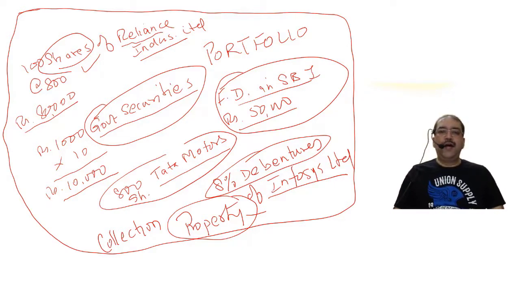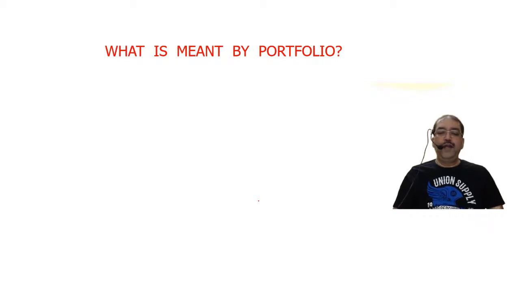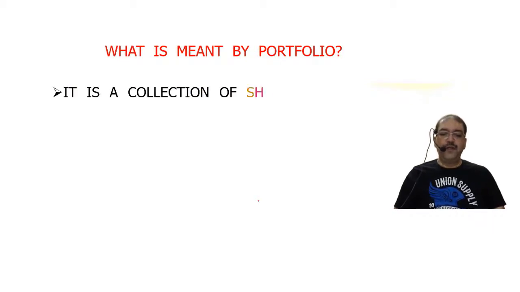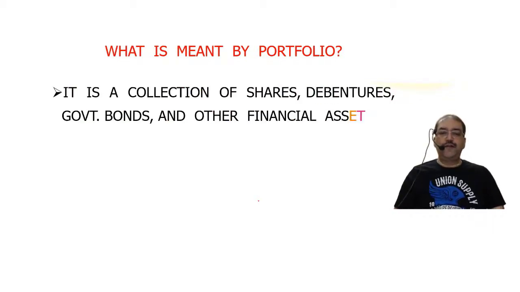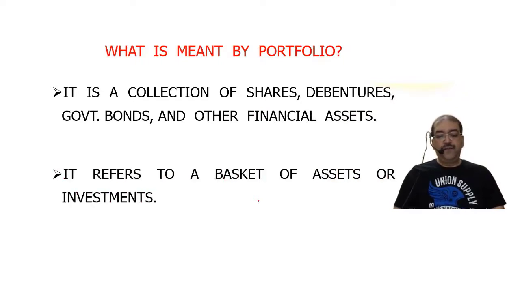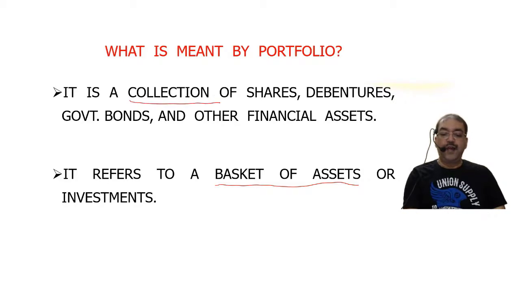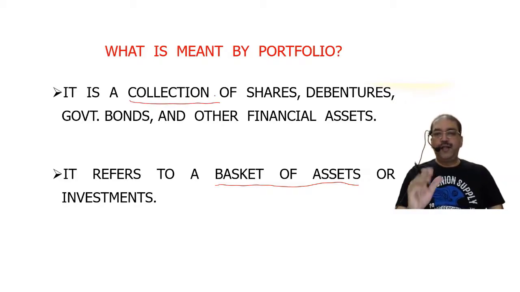I mean a collection of shares, debentures, and different other types of investments. So, meaning of portfolio. It is a collection of shares, debentures, government bonds, and any other financial assets. Second, it refers to a basket of assets. So normally the term used, basket of assets, collection of investment together, is called as a portfolio.